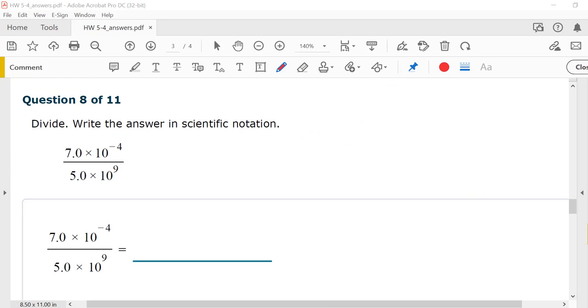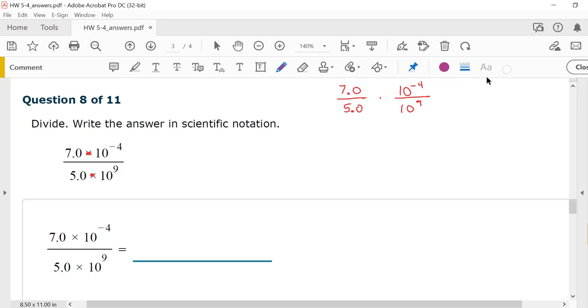Okay, question number 8. We're going to do it by hand, and we're going to confirm the answer with our calculator. 7 times 10 to the negative 4 divided by 5 times 10 to the ninth. Just like with multiplication, I'm going to do the number part first, 7.0 divided by 5.0, times 10 to the negative 4 over 10 to the 9.